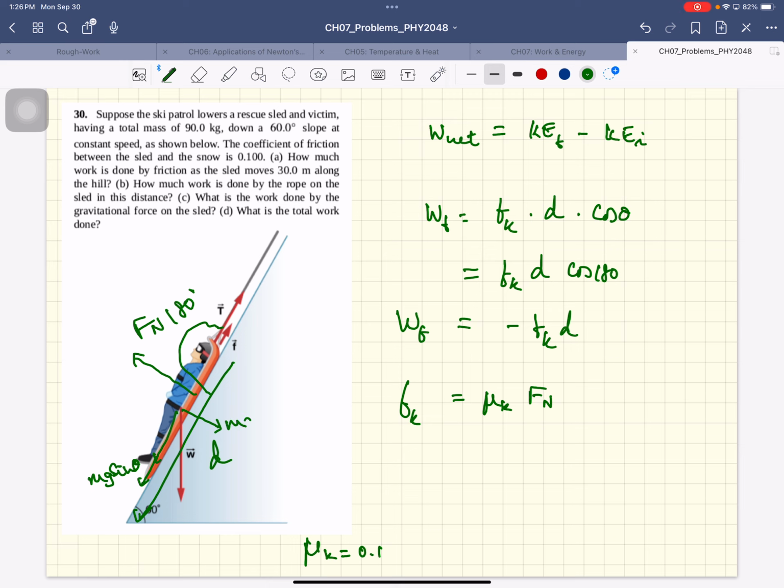This is mg cosine theta. So the work done by friction force is negative mu k mg cosine theta d.